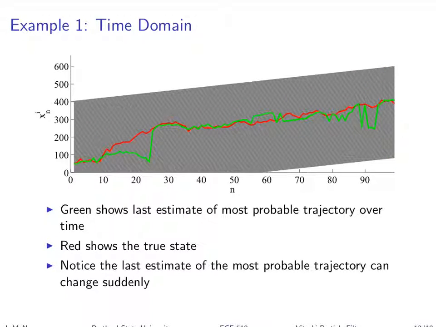So at time 100, there are trajectories that I'm continuing to evaluate that even though I say this is a very improbable place to be, at that particular point, I've got an estimate of what the most probable trajectory is that would end up right there. And I've got that for all 100 points. So you don't have that sample diversity problem in the sense that the particles have not left this region. If suddenly that becomes probable somehow, you can recover it with this, where you can't with other particle filtering techniques.